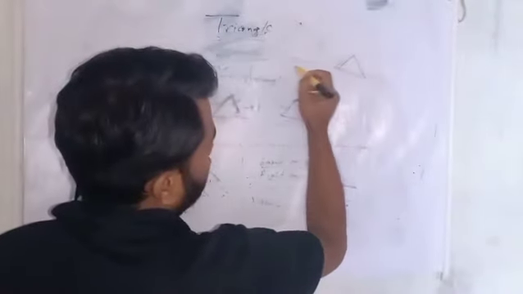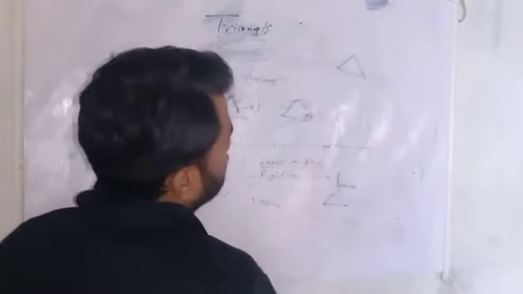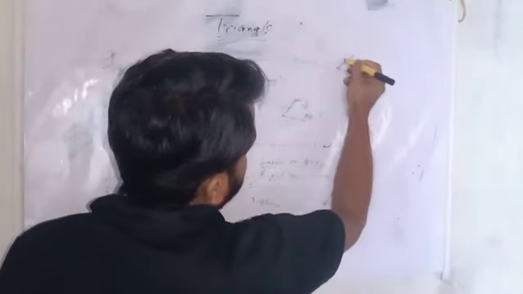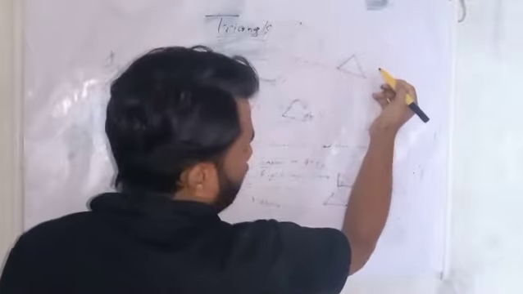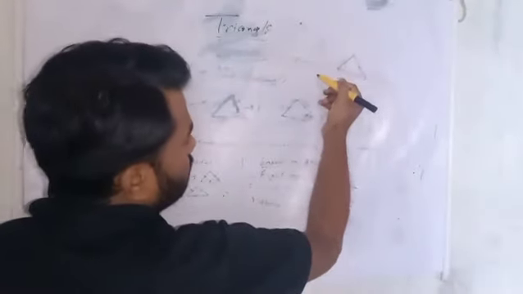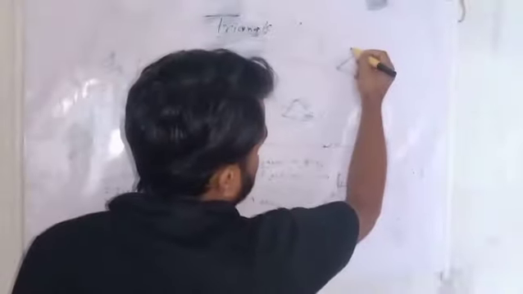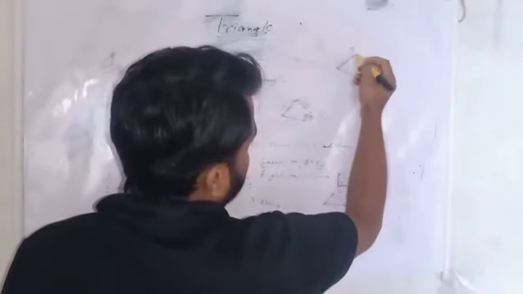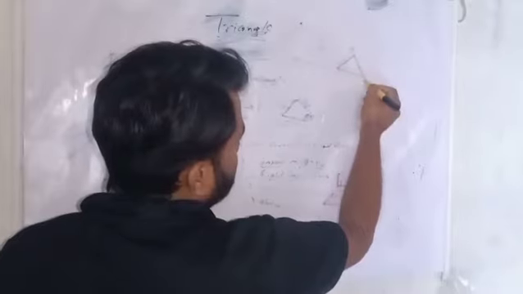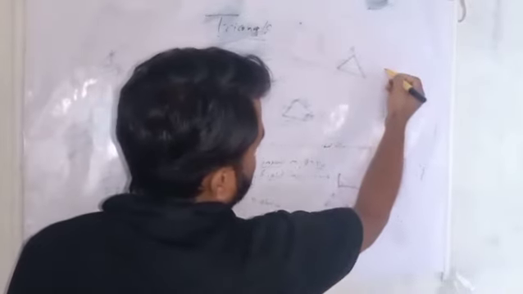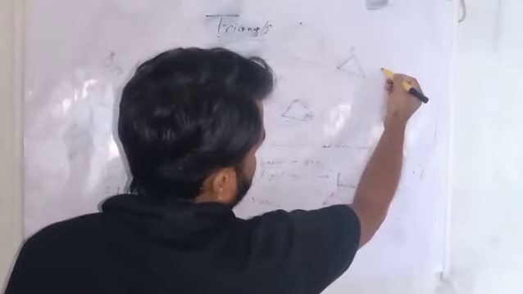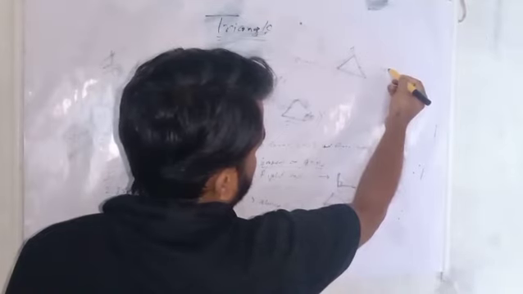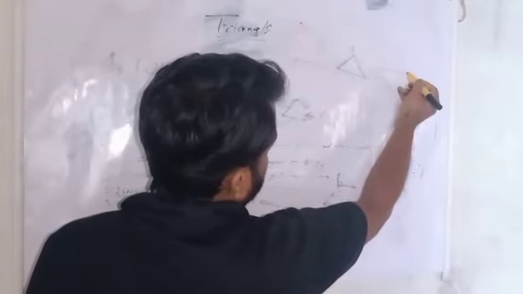A triangle has three sides. Whenever I think about the perimeter of a triangle, say we name the triangle ABC, then to measure the perimeter I can say AB plus BC plus CA.